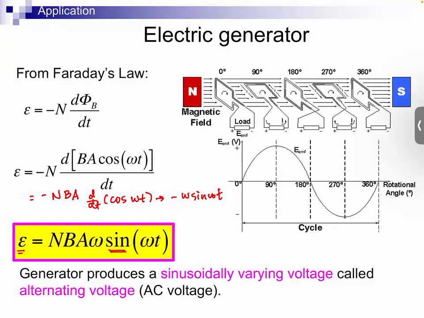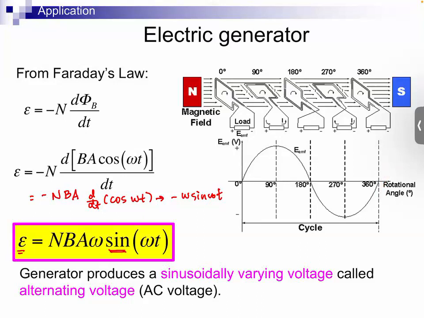If we look at the voltage that's generated, you have this time varying voltage according to this sine function with respect to time. As the coil rotates in the magnetic field region, you start with, say, a minimum voltage going to maximum, minimum, maximum, and so on.